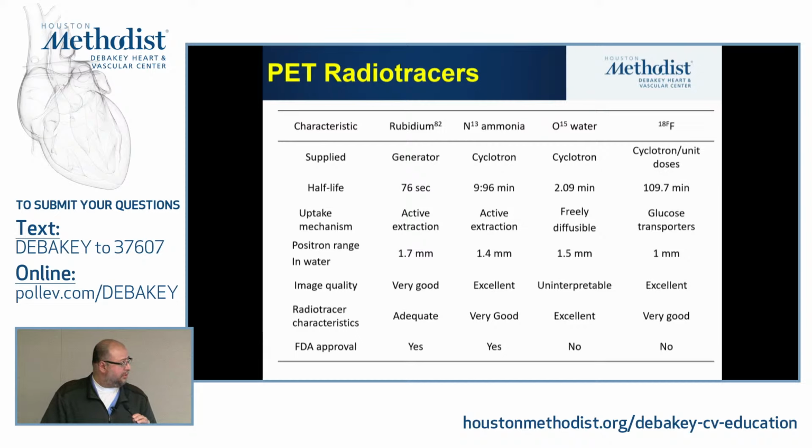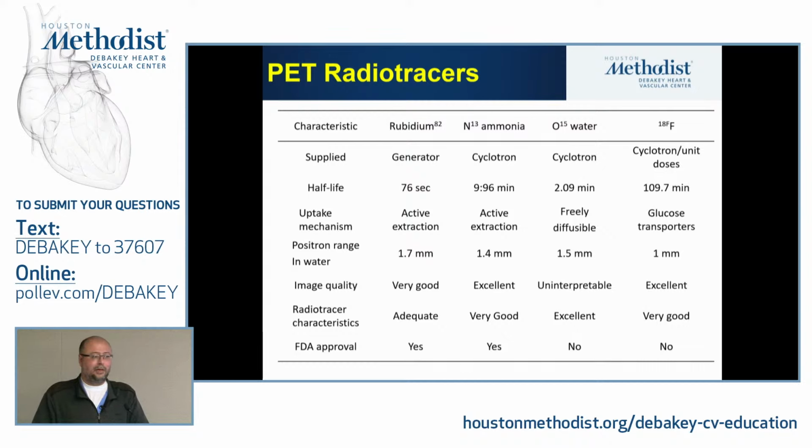And now we have two trials going on. One of them was just completed and published last week, using an F18 perfusion agent. It's not yet FDA approved, but it's currently with the FDA. There is also an ongoing trial with O15 water for FDA approval.